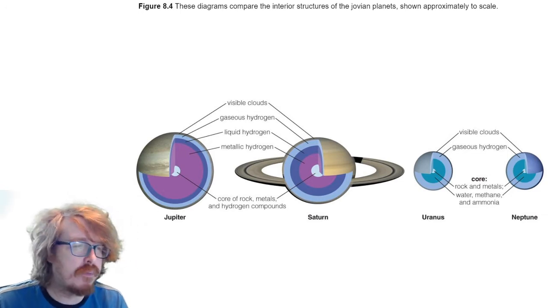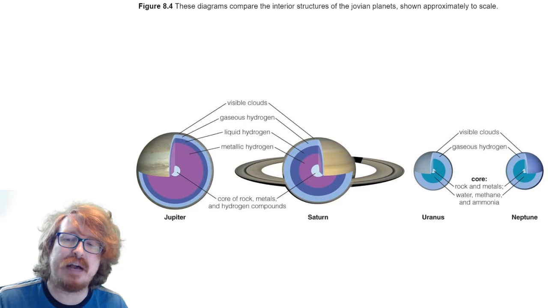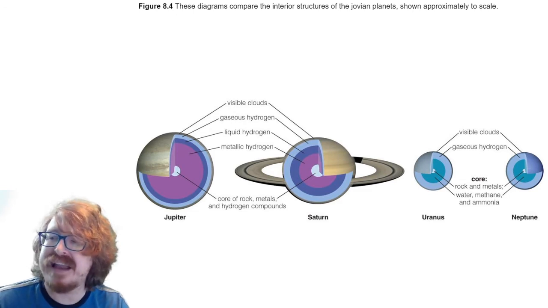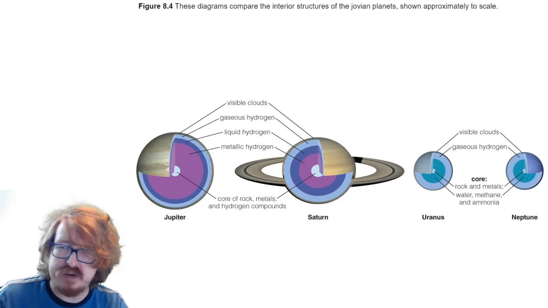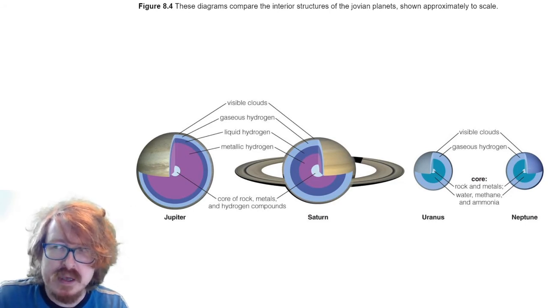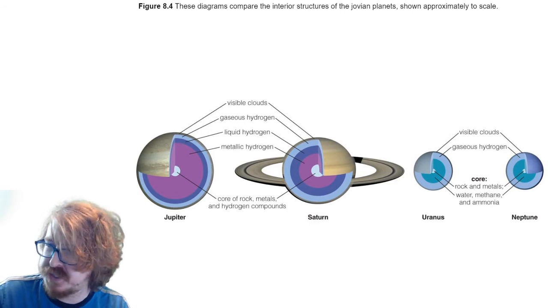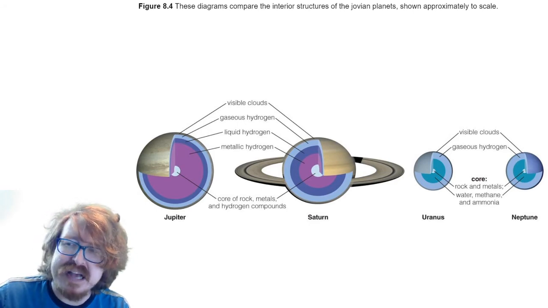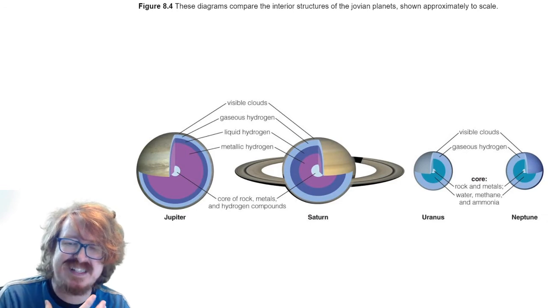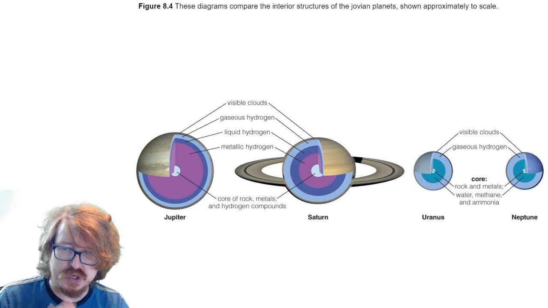Okay. Now, I'm almost done talking about the inside of these planets, but there's one last thing I want to talk about, and that is magnetic fields. Okay, I'm going to just hit this very briefly. Remember, Earth has a magnetic field because we have something inside of our planet that can conduct electricity. Let's see if you guys remember. Do you remember what substance inside of Earth conducts electricity and gives us our magnetic field?